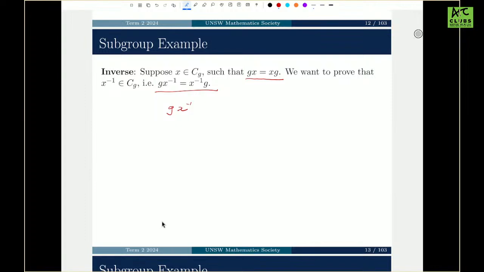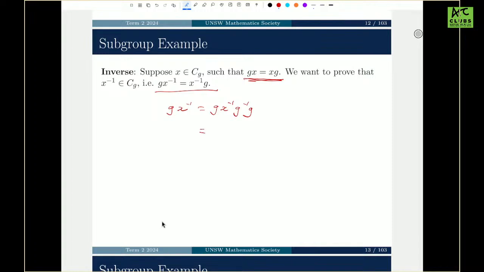I'll get a g inverse next to this x inverse, because then I can factor the inverse out and then apply this. So g x inverse equals g x inverse, and if I apply g inverse and g, I haven't actually changed anything because g inverse g is just the identity.